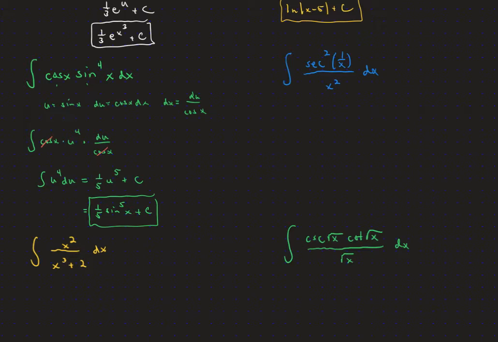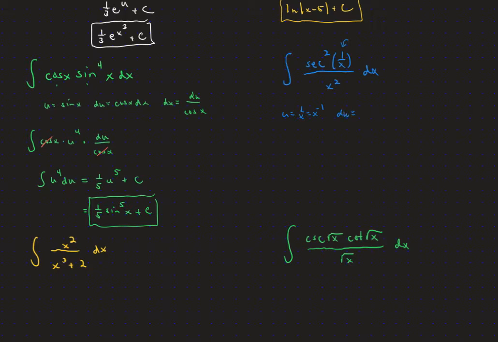Okay, now on the next one, this is the first time or two you see this. This can be a little tricky. The inside function looks like it's going to be that 1 over x, and that is actually the right choice, which we can think of for derivative purposes as x to the negative 1.